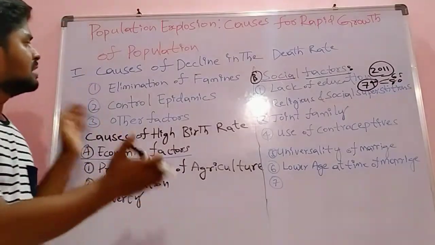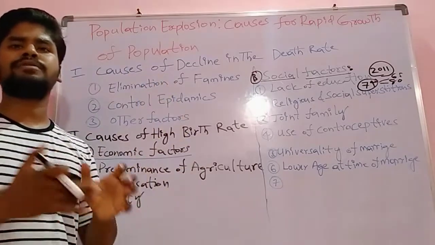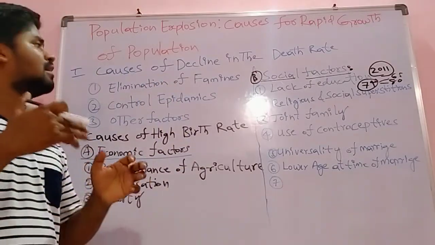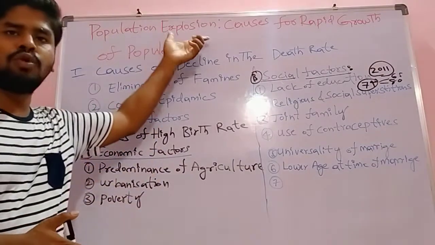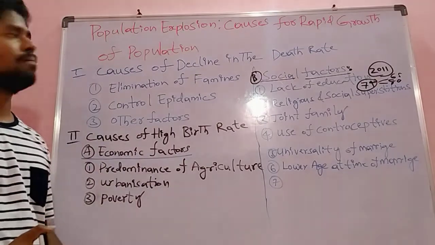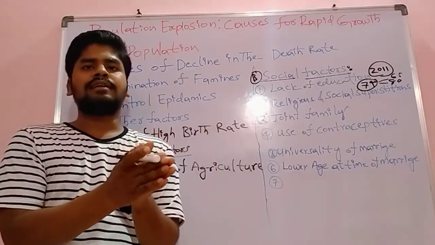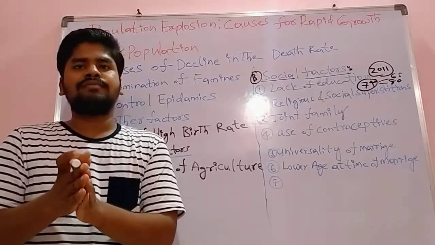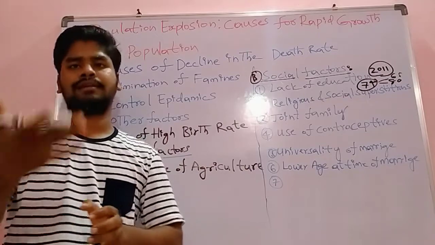Right. So this is what T.R. Malthus, in his book An Essay on the Principle of Population in 1798, explained clearly about population explosion and the causes for rapid growth of population. Population explosion means the food supply increases in arithmetic progression, and population size increases in geometric progression.